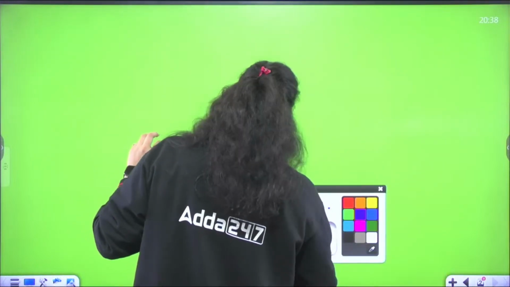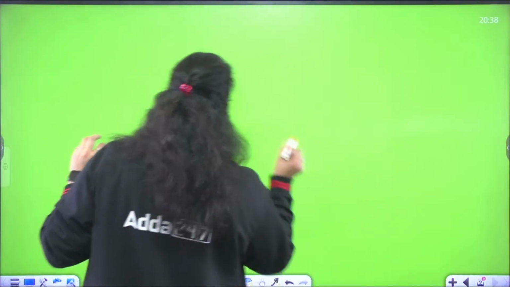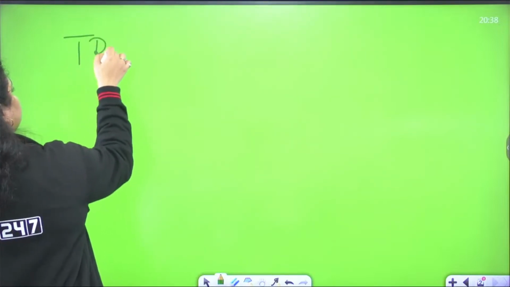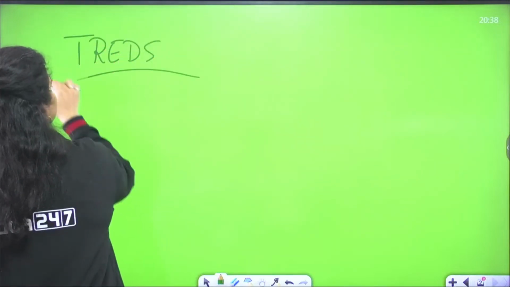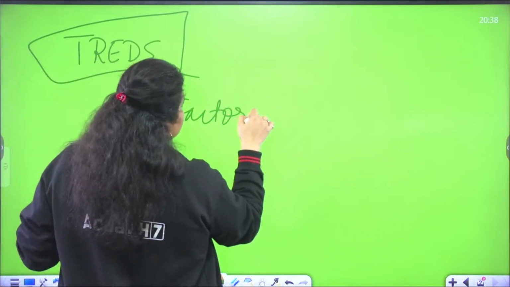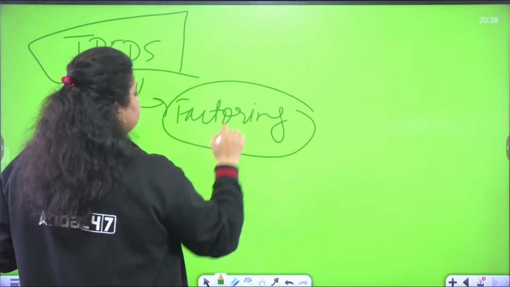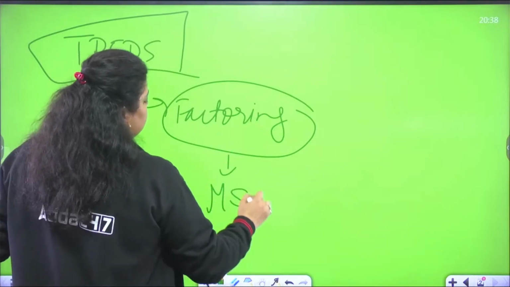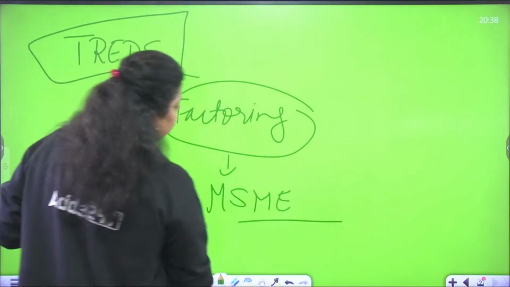The next, third one we have is TReDS. TReDS is a form of factoring and it is available only for micro, small and medium enterprises.